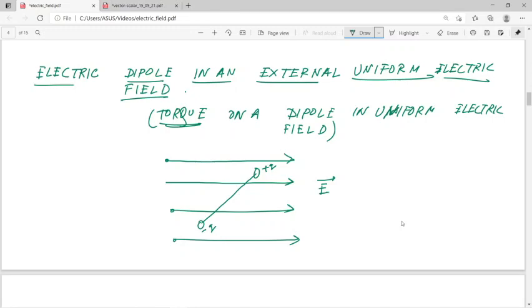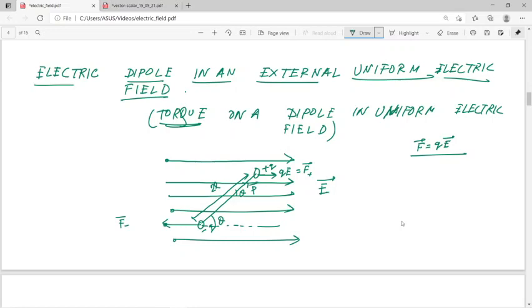We know that electric force is nothing but Q into E, so the force on the positive charge acts in this direction. The force on the negative charge is directed along the opposite direction, because it is minus Q. If the dipole makes an angle theta with the electric field, and the distance between the charges is 2l, the direction of the dipole is from negative to positive, that is p.